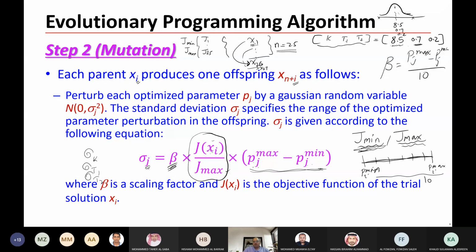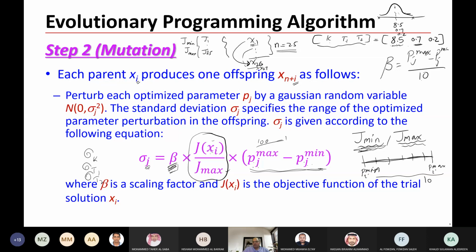Say the whole range is 100, so 100 minus 1, almost 100. So beta is calculated here equal to 0.1, so you can allow plus or minus 10 out of this solution. This is the maximum. But if you have any value different than the maximum, you will get just close to this value. You can do this for setting the beta.